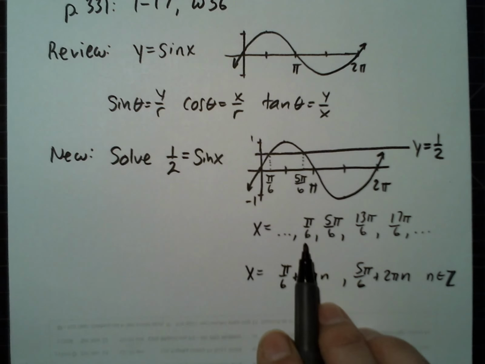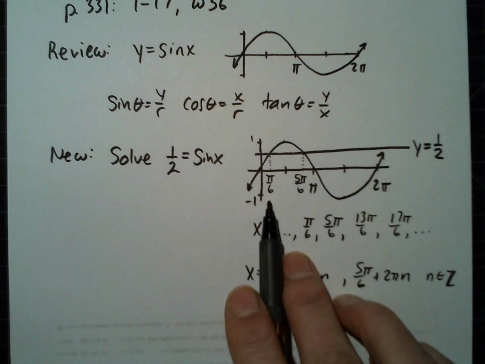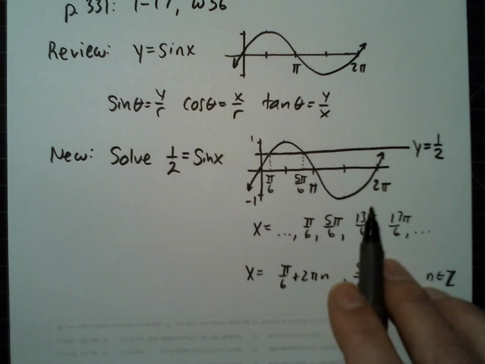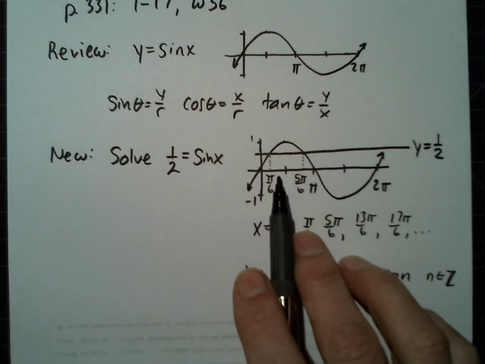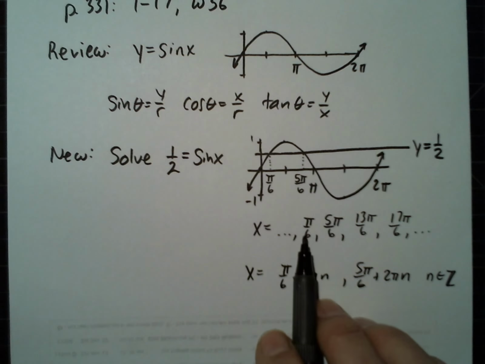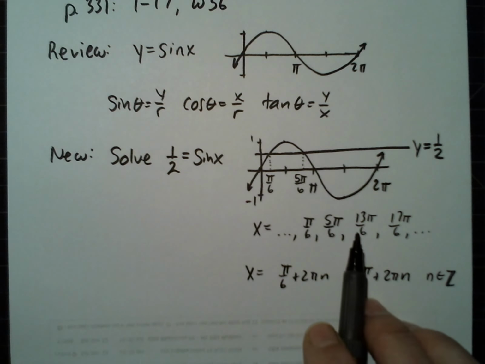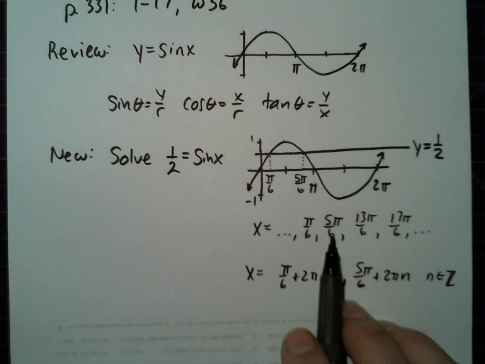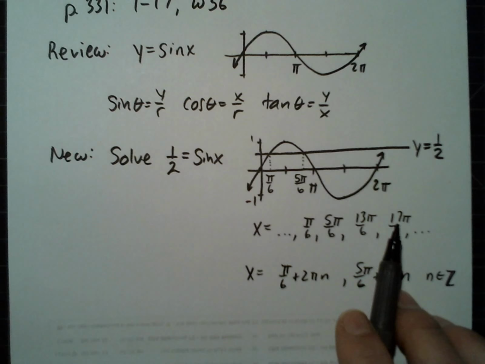We can say that it's going to intersect at pi over 6, 5 pi over 6. Over here we're going to add another 2 pi. If you add 2 pi to this, that's 12 pi over 6, and we get 13 pi over 6. If we add 12 to the 5, we get 17 pi over 6.